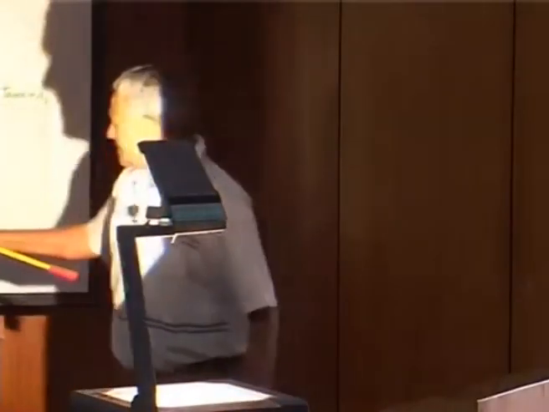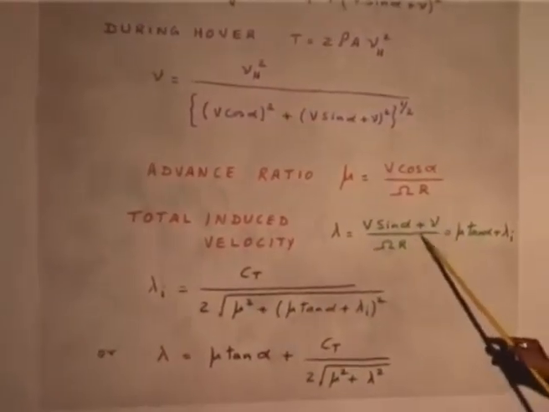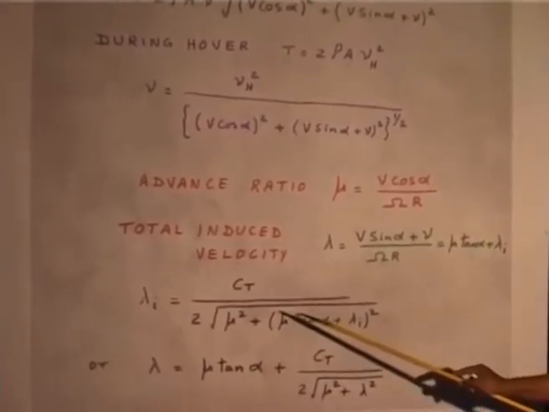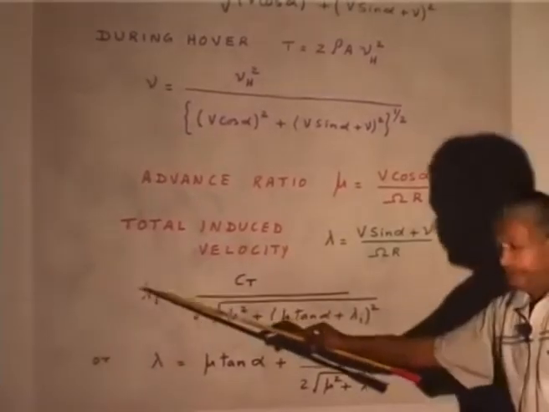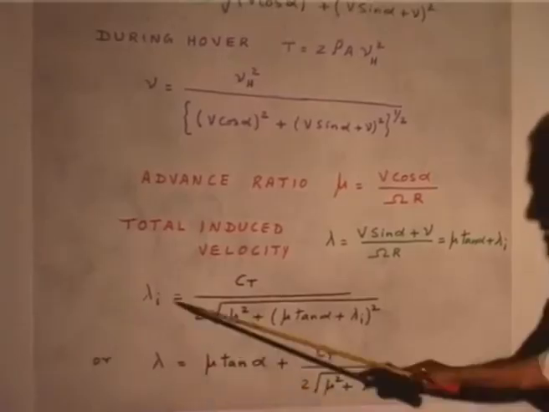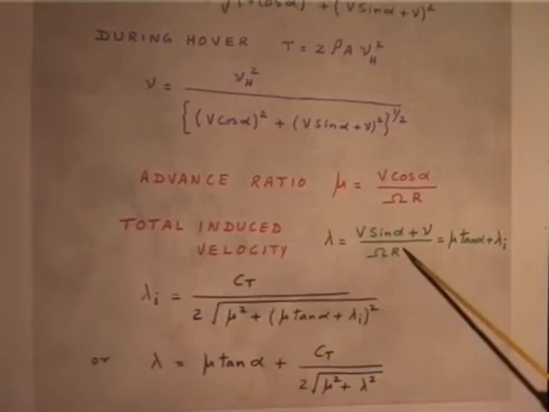Please understand, this is induced flow nu over omega r. Okay, this I wrote last time. This is essentially the equation which you use to get it, but please remember here it is non-dimensionalized with respect to omega r, tip speed.